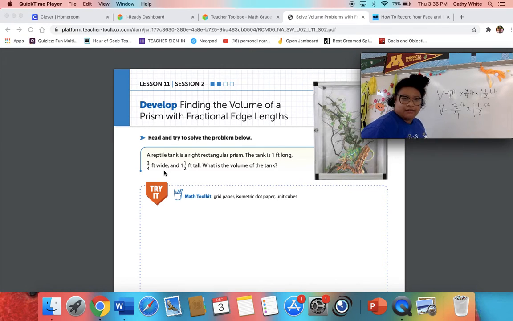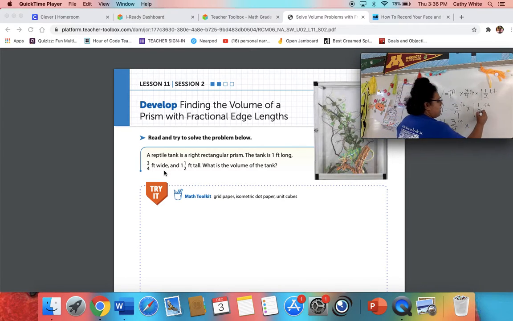First step done. Now, our next step is changing this mixed number to an improper fraction. So I'm going to keep this 3/4 feet the way it is. Then I'm going to multiply it by an improper fraction. The way I'm going to create this improper fraction is I'm going to make a new fraction, but it's going to keep the same denominator.